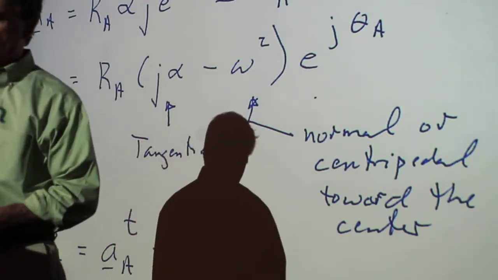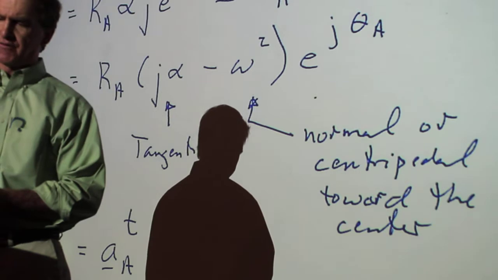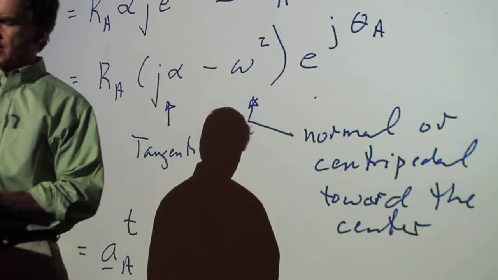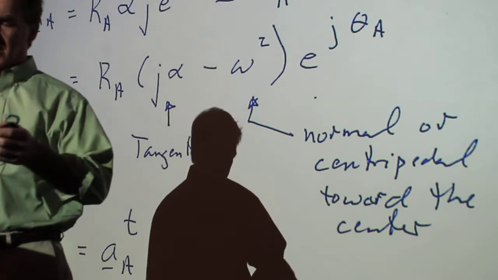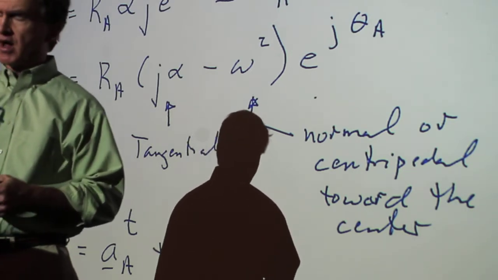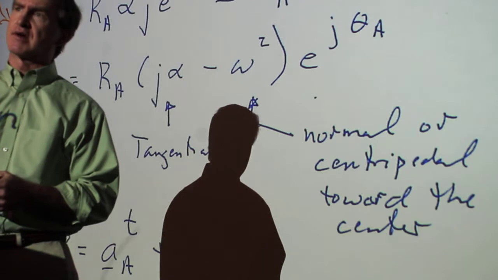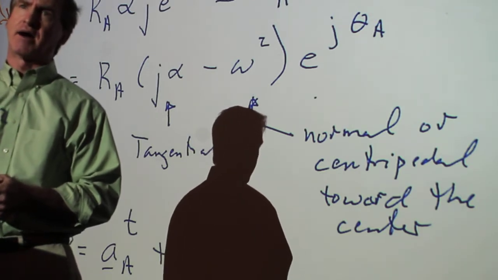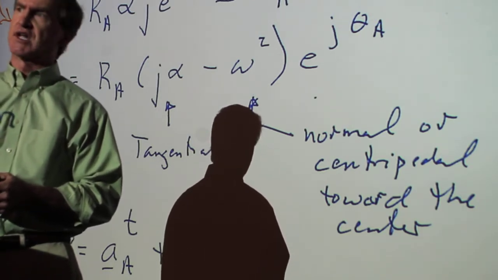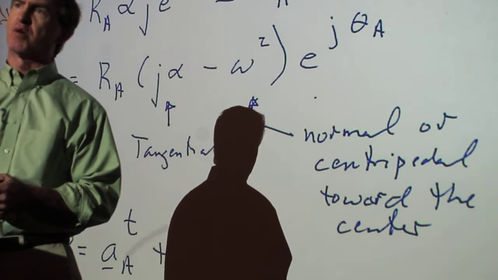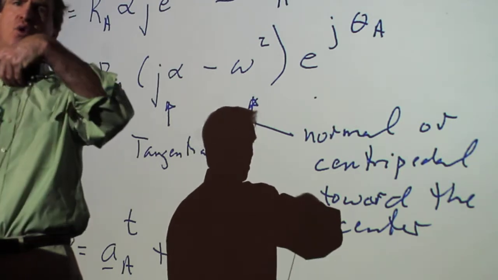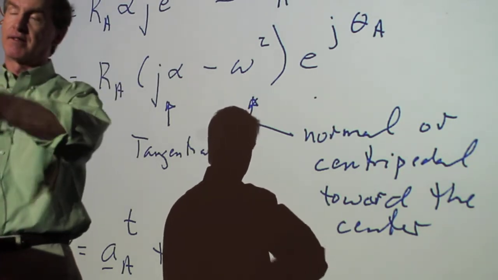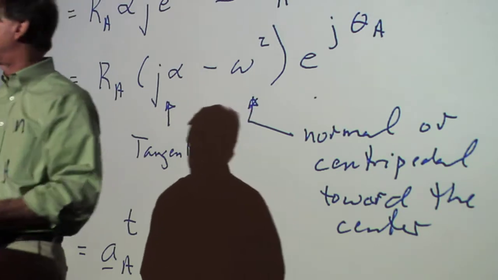Now, as I'm swinging it, if I don't have my fingers fixed here, the thing is just going to fly off. And whether you know it or not, you're constantly pulling back on this thing towards the center of rotation. So that normal component, or centripetal, that's towards the center, is from the outside going towards the fixed location, which in this case is my fingers.